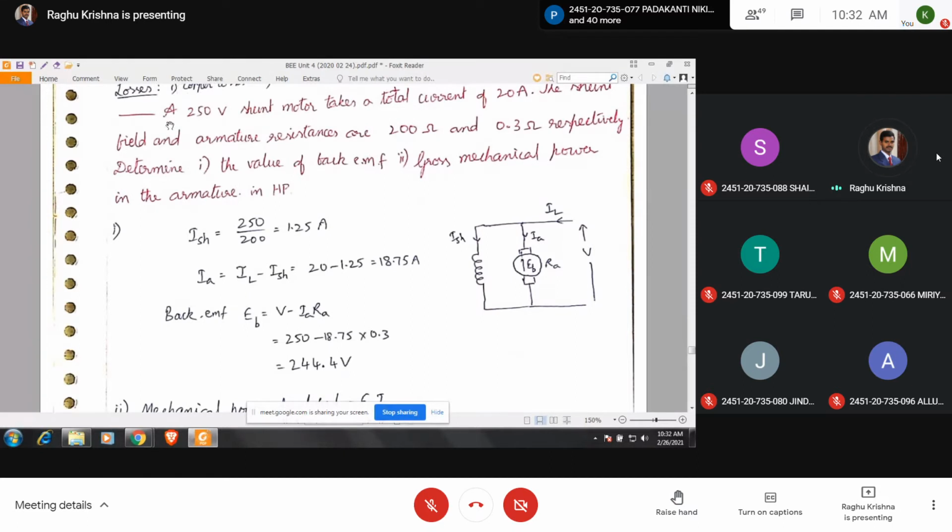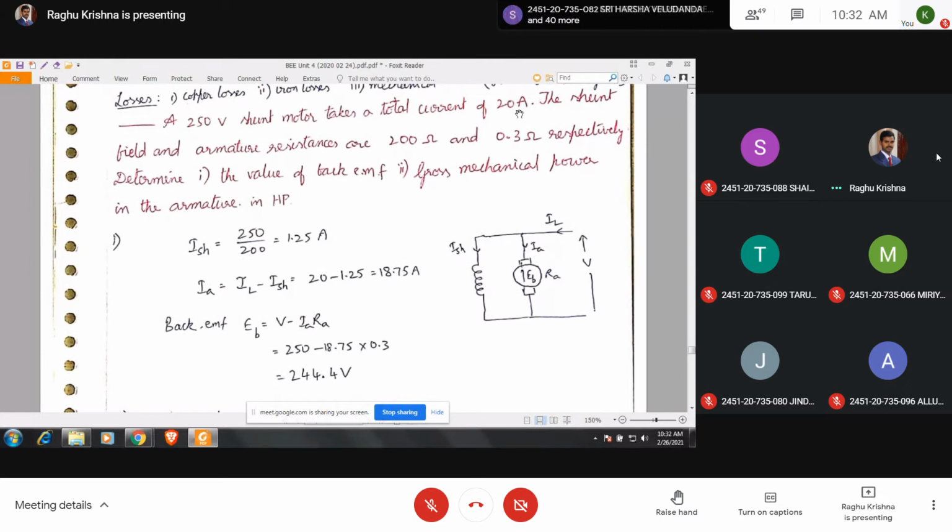So here a 250 volts shunt motor takes a total current of 20 amperes. 250 volts shunt motor means the voltage applied to the shunt motor is 250 volts. See here, V equal to 250 volts.